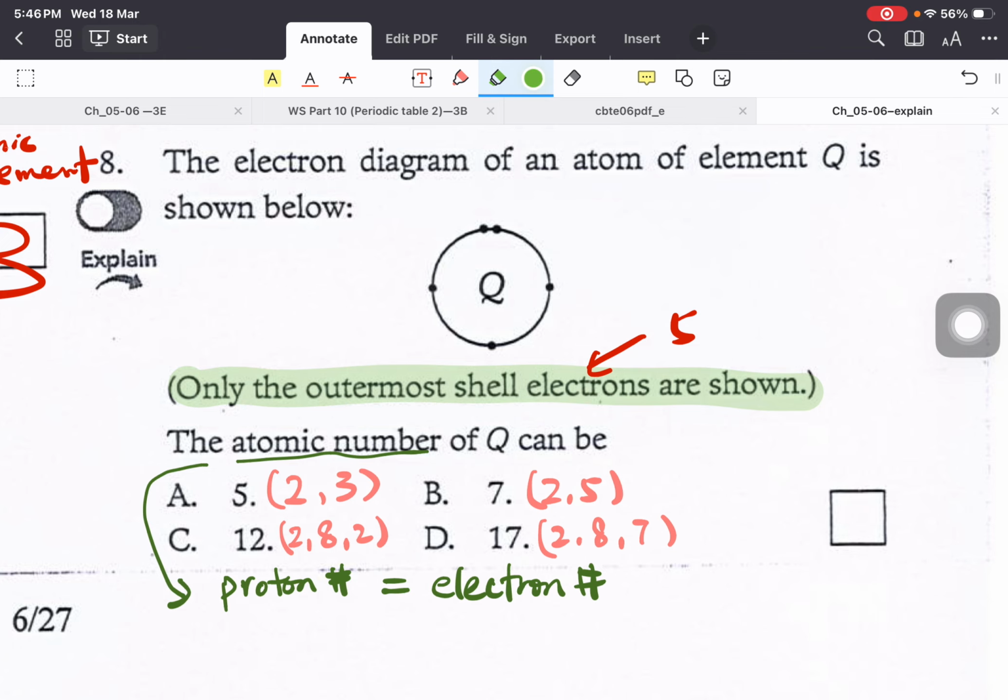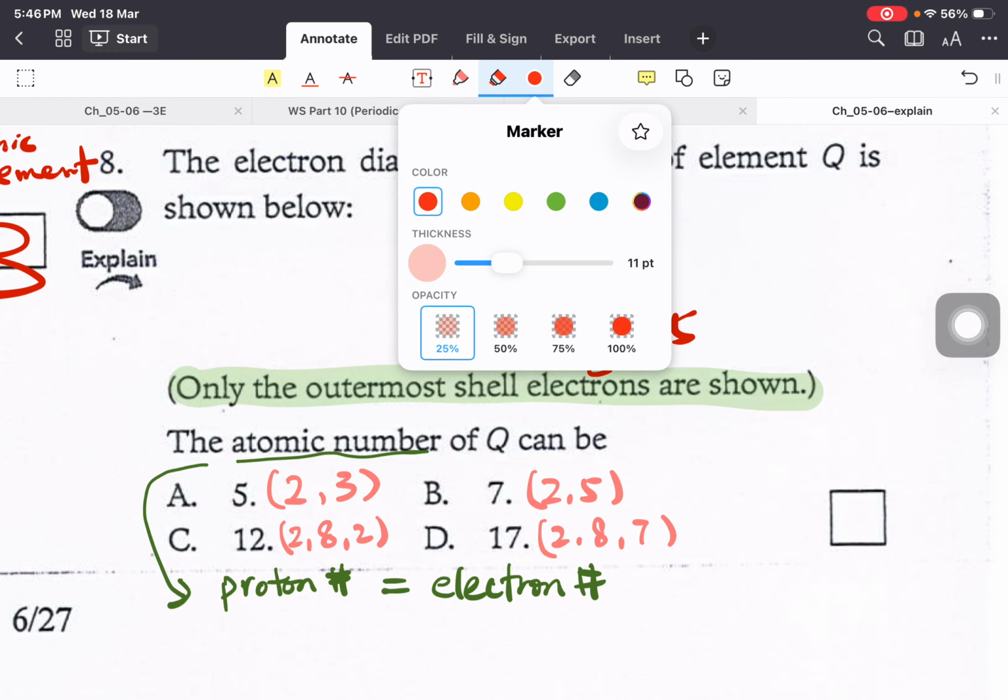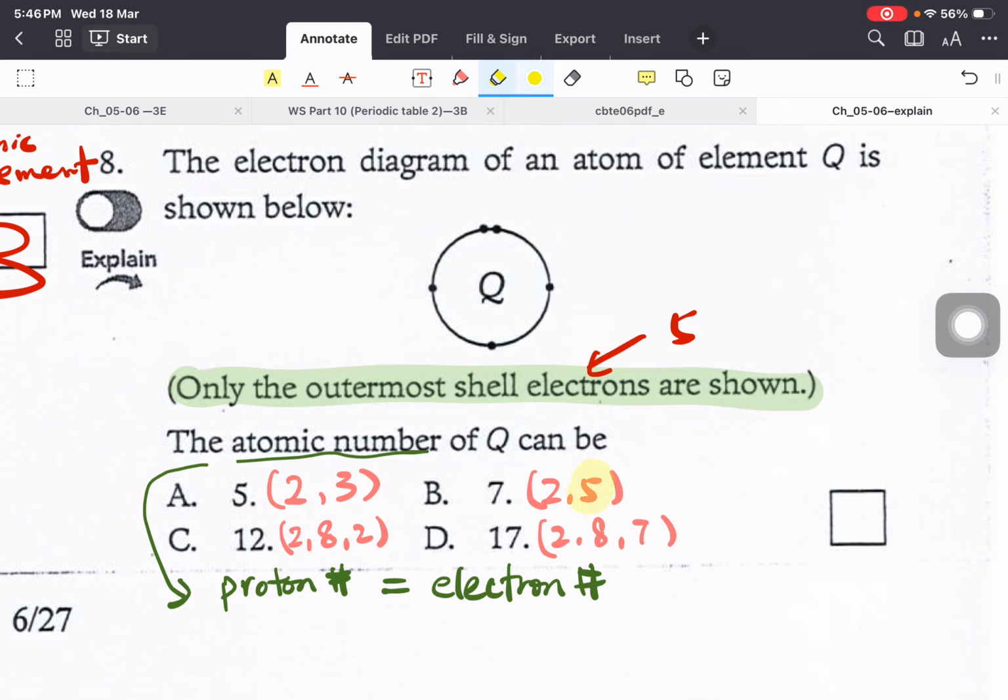So the answer should be the one ending in 5, which is 2, 5. Therefore answer B.